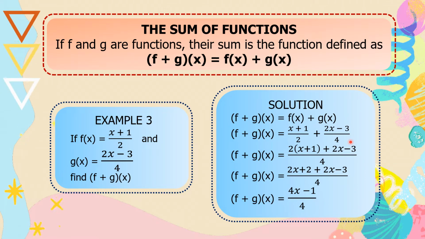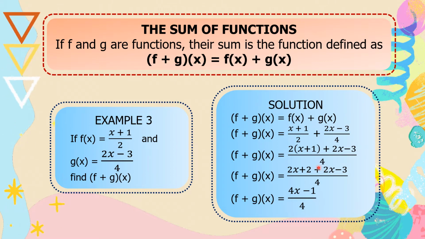So, to add rational expressions or fraction, first let's find the LCD. So, hanapin natin yung LCD ng 2 at 4. So, yung LCD ng 2 at 4 ay 4.